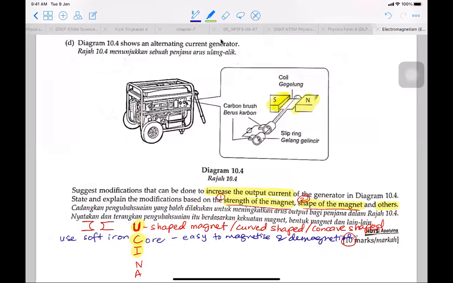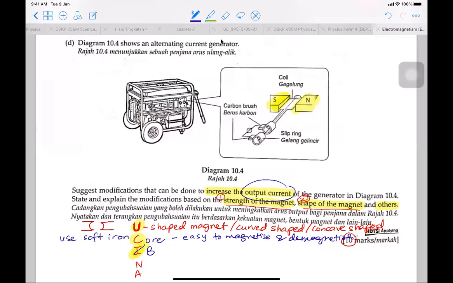Because this question wants us to increase the output current, we cannot use I anymore there, but we can use another option. So I cancel this one because it asks for the output current, so we use B.